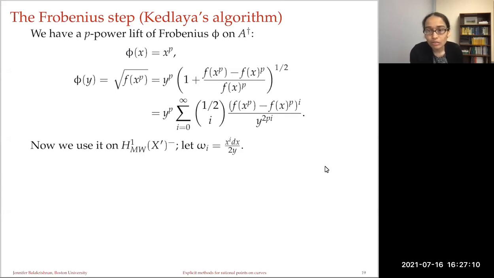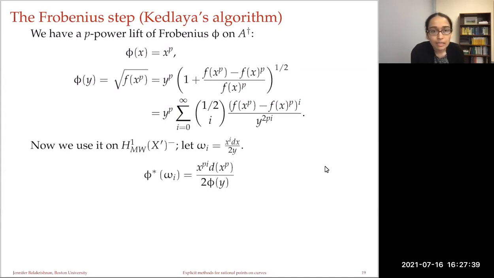And in particular, that's some finite truncation that you can take if you want to know your eventual results up to some p-adic precision. One can go through and work out all the different terms needed, and the amount of p-adic precision needed at each step to ensure provably correct results. And then with this, we can apply our lift of Frobenius and pull it back to a differential omega_i.